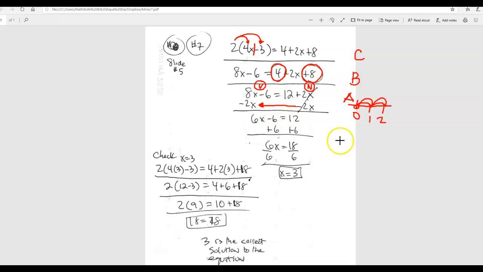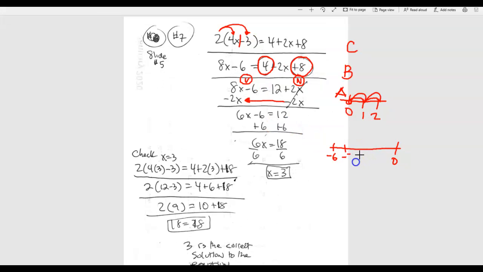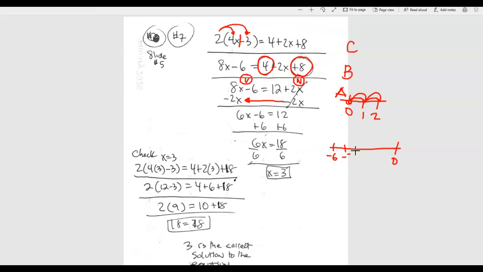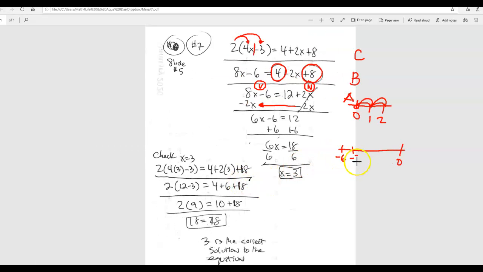So if I have 6 positives, and remember I was using a number line here, let me actually show you this one using negatives. So we'll go here, so 0. I'm going to start at -6, obviously. So -5, -4, -3, -2, and -1.